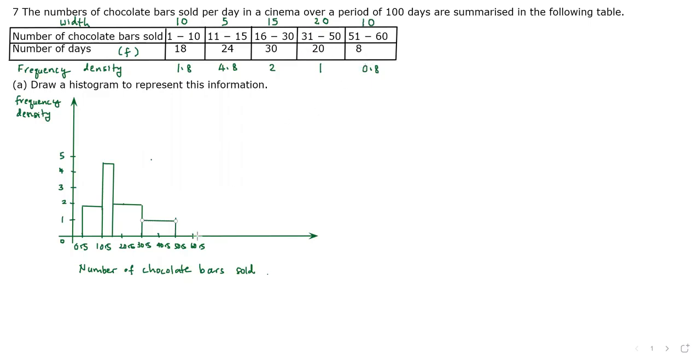And the last class has a height of 0.8. So we have a height of 0.8, and that will give us the frequency histogram for the number of chocolate bars sold per day in a cinema.